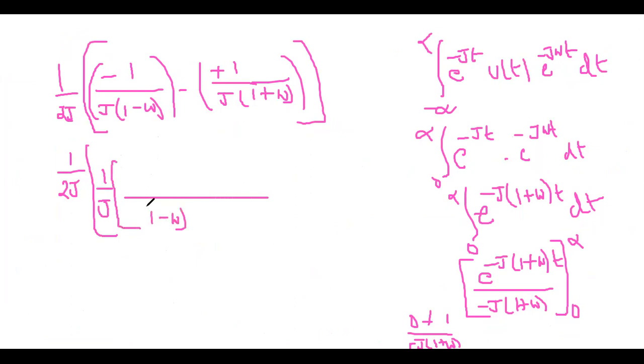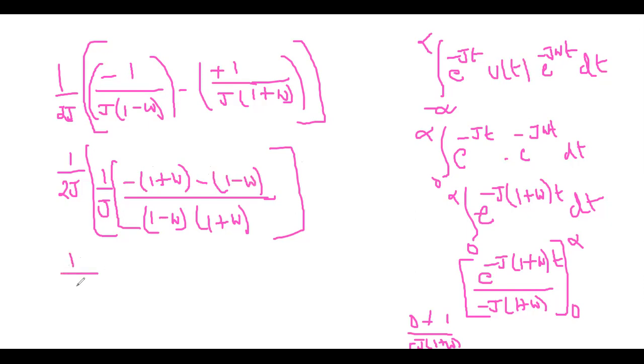One minus omega into 1 plus omega minus 1 plus omega and minus 1 minus omega, 1 by 2j square minus 1 minus omega minus 1 plus omega whole divided by a plus b into a minus b, my dear students. 1 minus omega square.